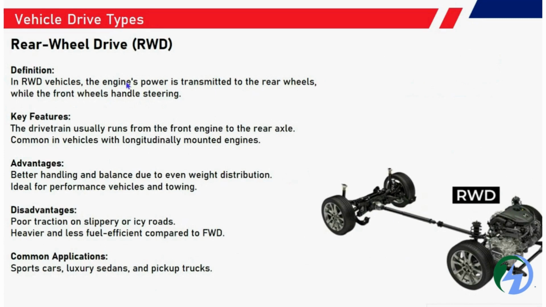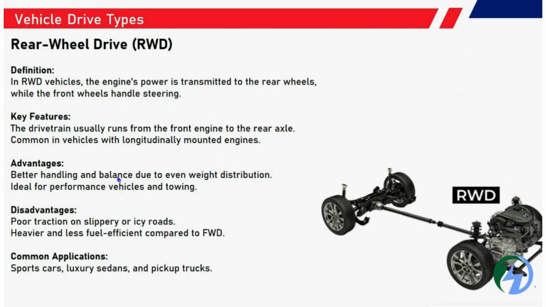Next is rear wheel drive, where the power is delivered to the rear wheels. These drivetrains usually run from the front engine to the rear axle, and the engines are commonly mounted longitudinally.